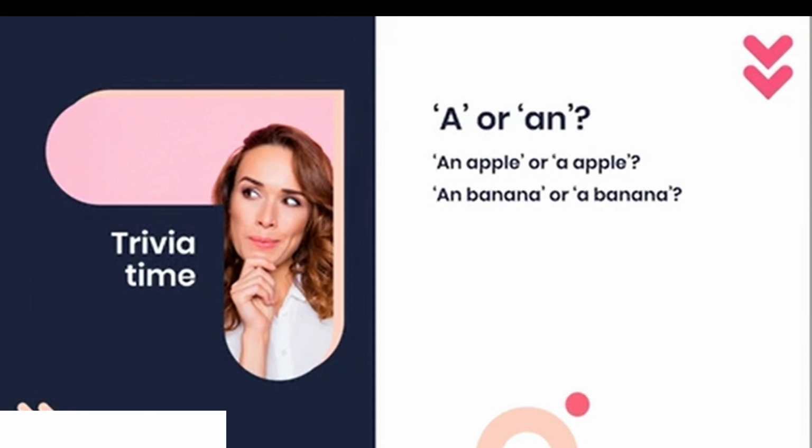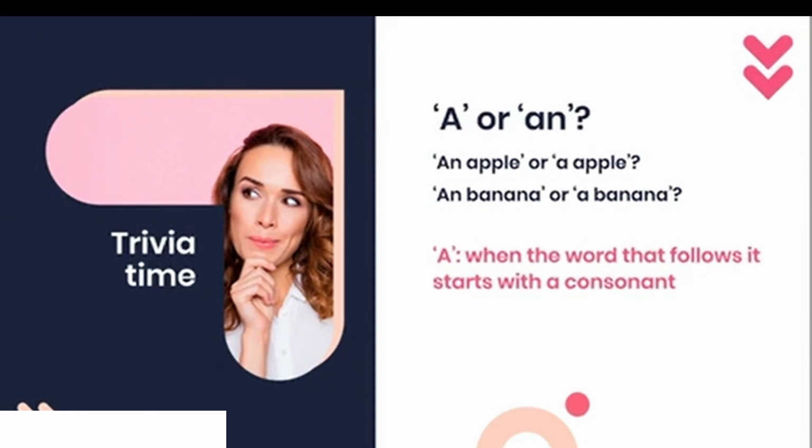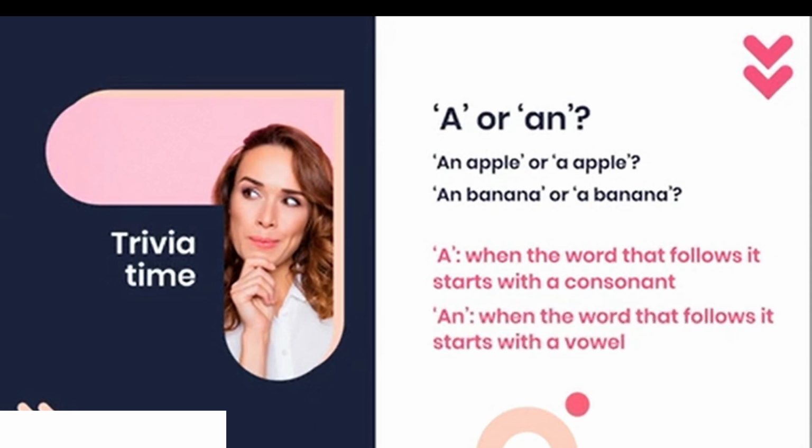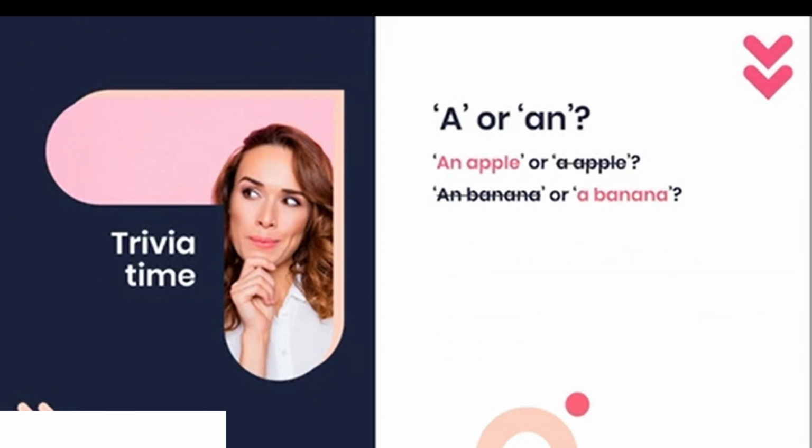We use a when the word that follows it starts with a consonant. We use an when the word that follows it starts with a vowel. So the correct answers are an apple, because the first letter in apple is a vowel, and a banana, because the first letter in banana is a consonant.